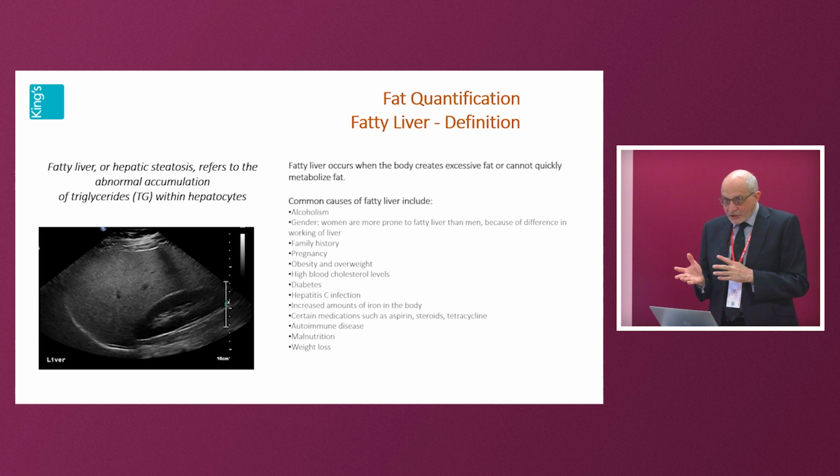If there's a family history, if you have fatty livers running back to great uncle Andy from the last century. In pregnancy, obesity and overweight, high cholesterol, diabetes, hepatitis C, amounts of iron, medications, autoimmune, malnutrition, weight loss, all of this contributes to your fatty liver.